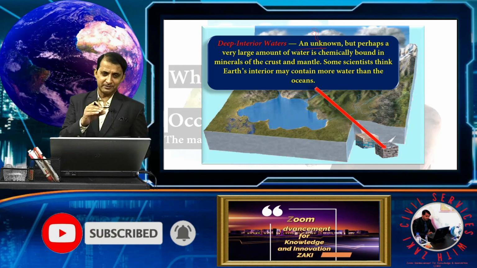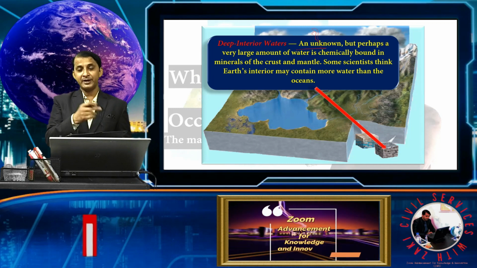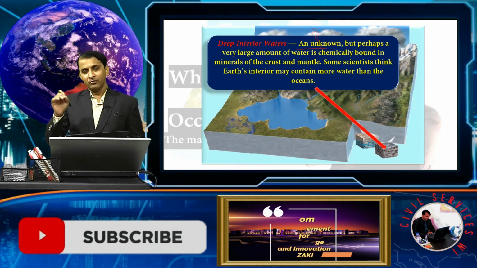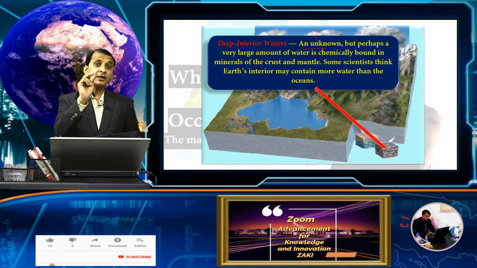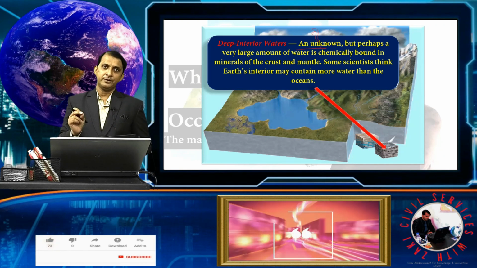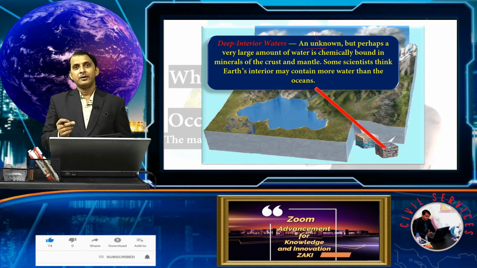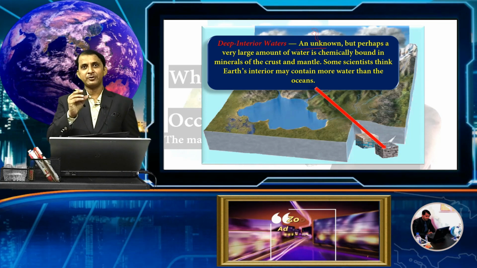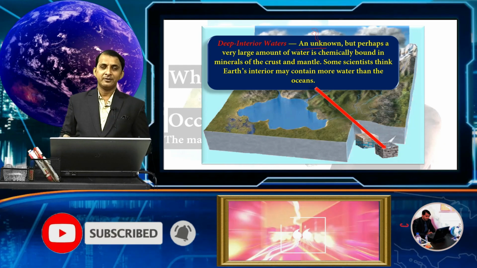Recent news published in newspapers, including NDTV, reported a large amount of water found in the interior of the earth, near the core mantle boundary. One of my students asked me how such an ocean could be found in the interior of the earth.